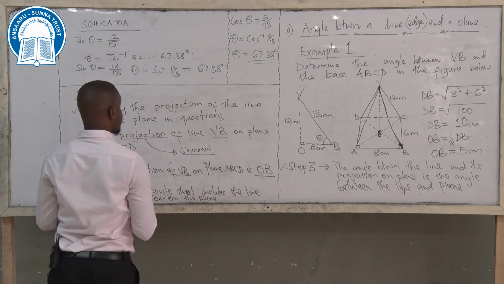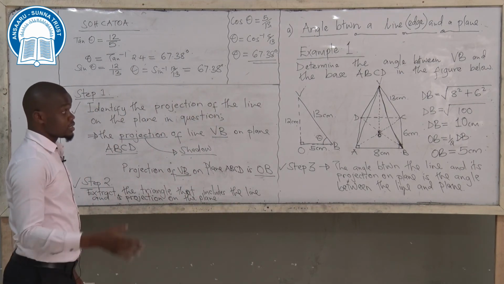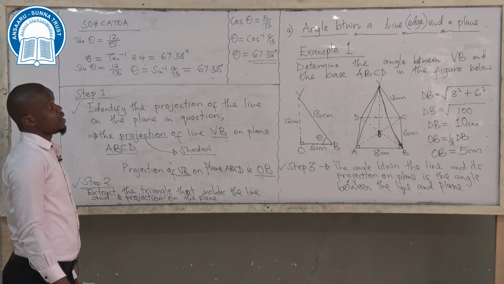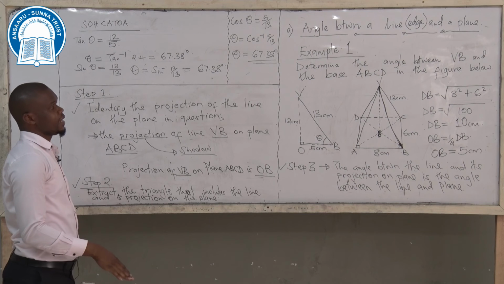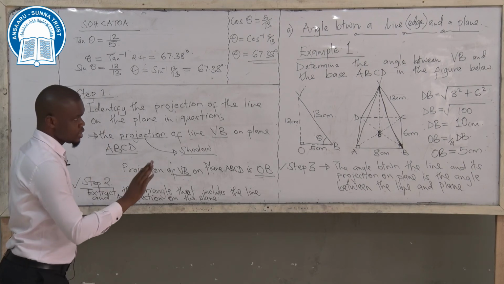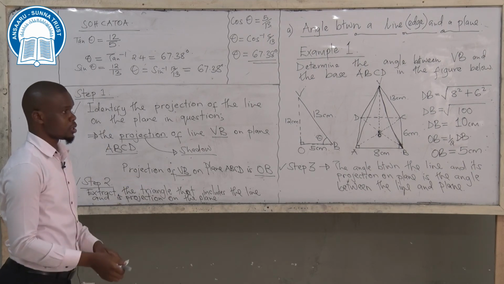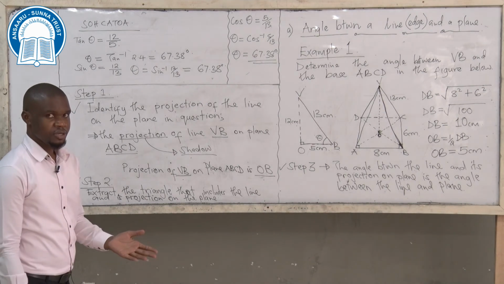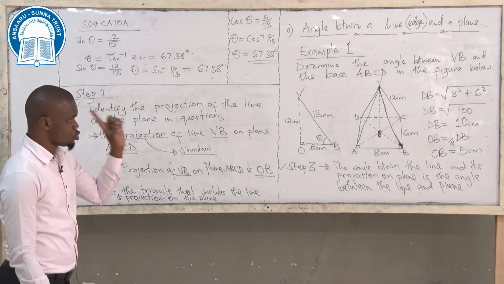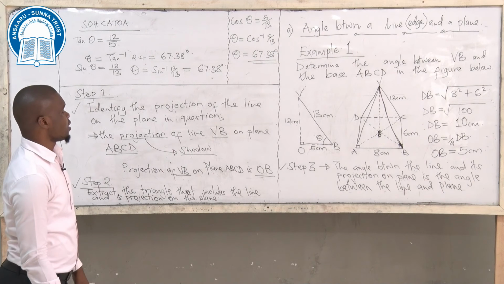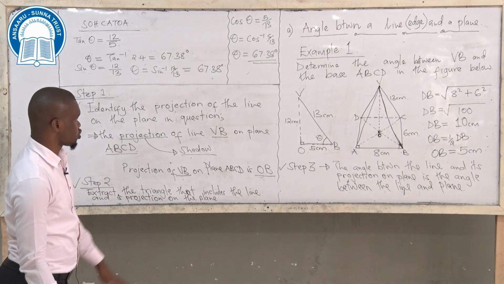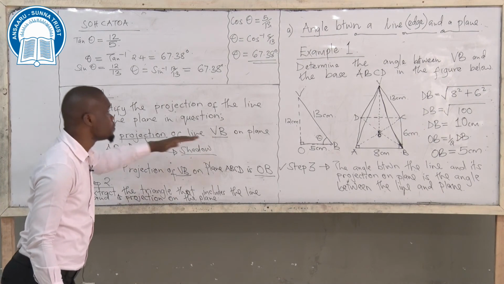And we are saying this angle we have just gotten is the same as the angle between line VB and the plane ABCD. So what are we saying in conclusion? That number one, for you to get an angle between a line and a plane, you should first find out what is the projection of the line on the plane.